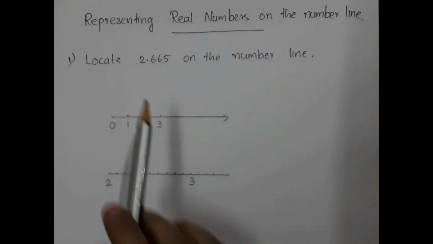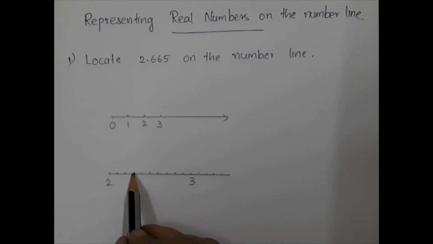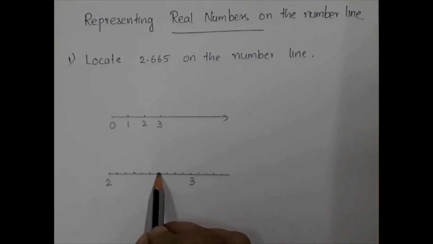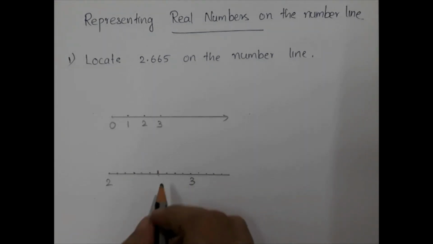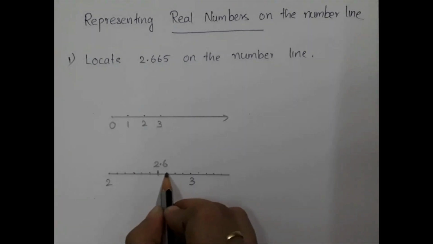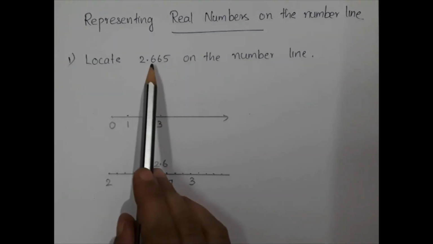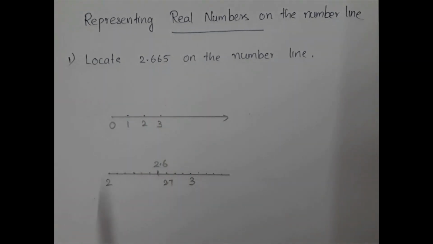So this is 2.1, this is 2.2, this is 2.3, this is 2.4, this is 2.5, and this will be 2.6. Mark that as 2.6, and the next point is 2.7. So 2.665 lies between these two numbers, 2.6 and 2.7.